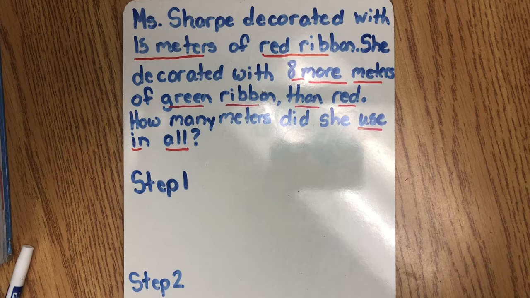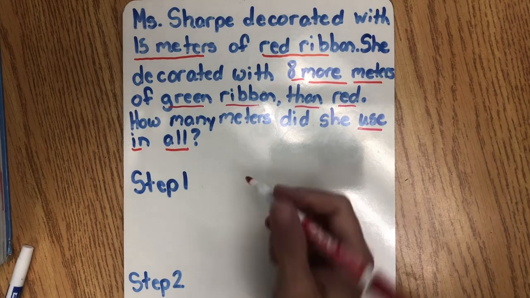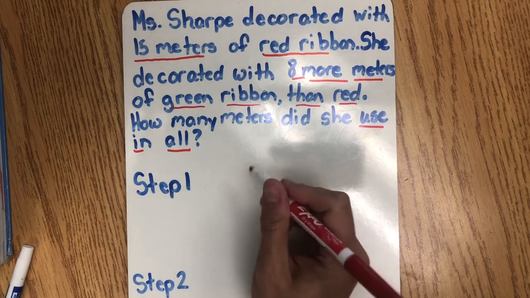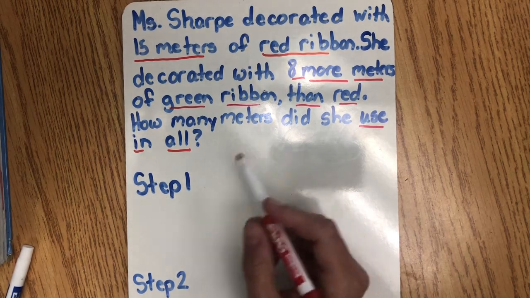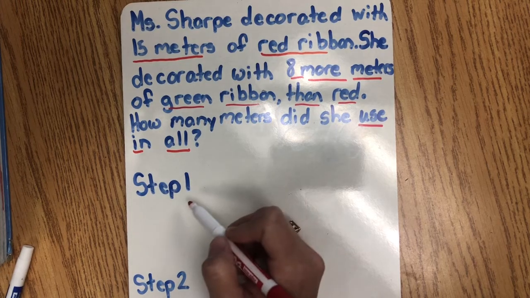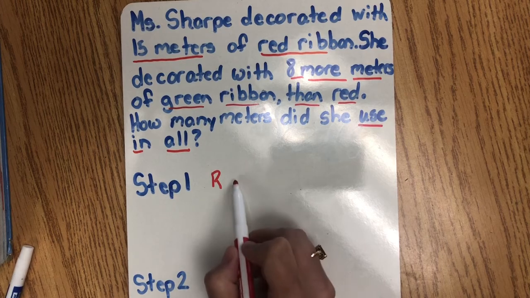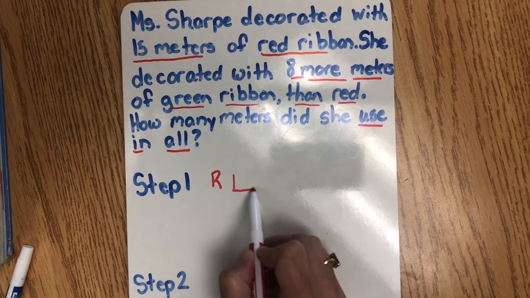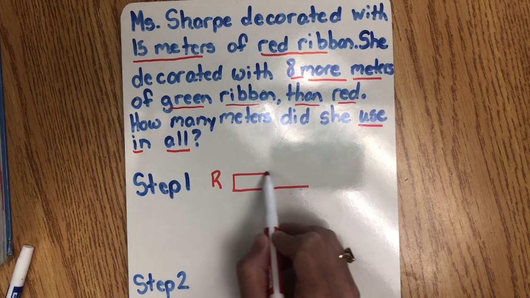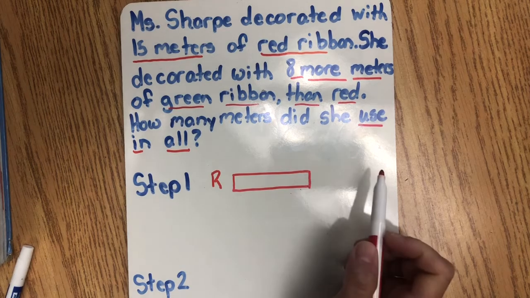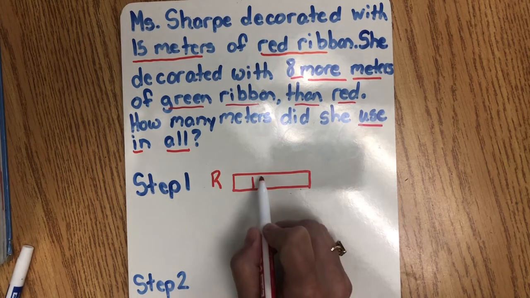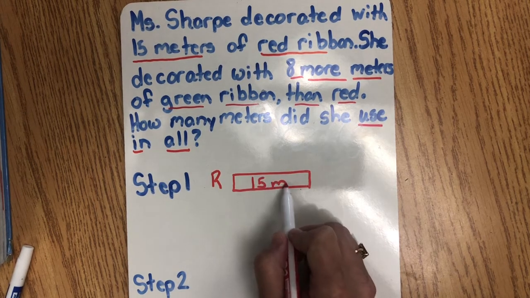For step 1, I want to draw a tape diagram. The first tape that I want to draw is for the red ribbon. So I'm going to mark that with an R. Tape or a rectangle beside that. And I know that my red ribbon was 15 meters.